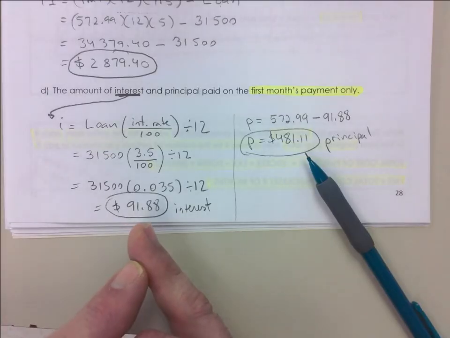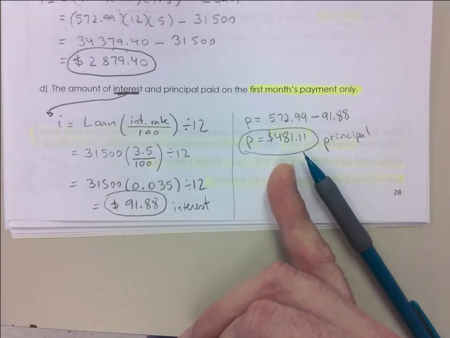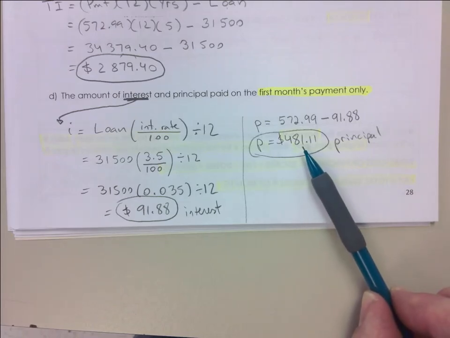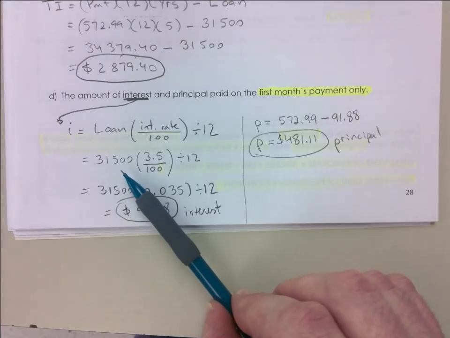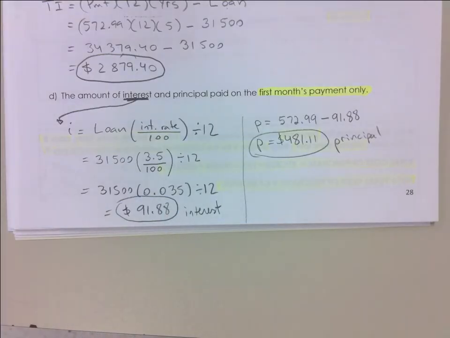Every month they take off the interest, and the remaining goes towards bringing down what you owe them. In this case, we were owing them $31,500, right? So after the very first month, they're going to subtract this from what you owe them. Next month comes along, they do this all over again. I'm going to show you how to do that. We're going to do an amortization table, not today, but probably tomorrow.